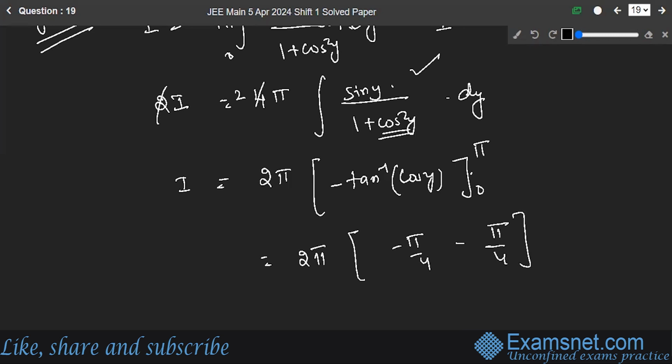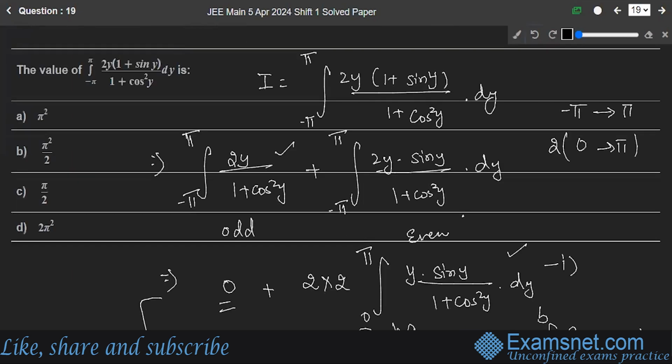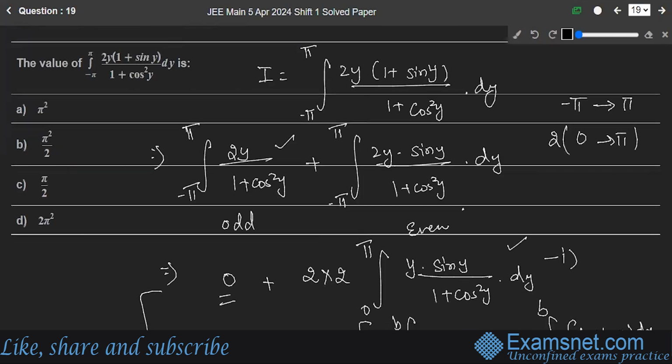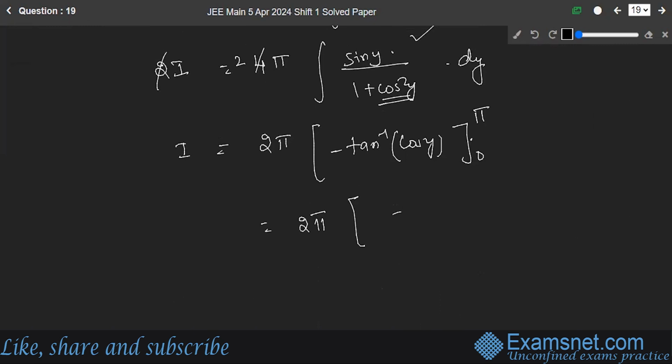Hope you got that, what I have done. Let's redo it from here. So this is minus tangent inverse of cos pi. Cos pi is equal to minus 1. Minus minus plus, it will be over here. Tangent inverse of cos 0. Cos 0 is equal to 1. This gives me 2 pi. So this will be given by, here was minus, right?